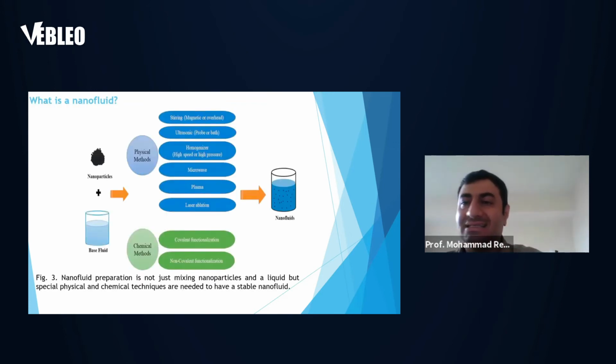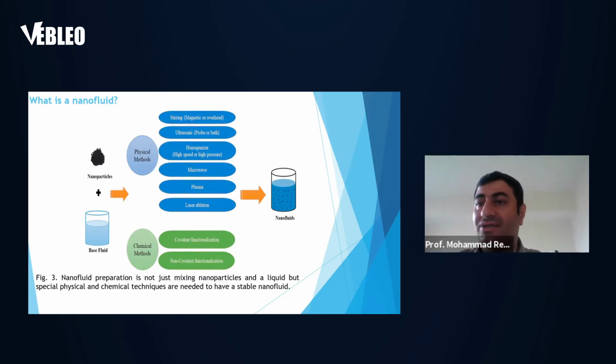And this adding is not just simply adding the particles, no. If you just put the nanoparticles into the base fluid, they will settle down, okay? Or make agglomeration, meaning the particles bind together. And this is not what we are looking for. So by using some physical or chemical methods, we can make a stable homogeneous fluid that we call nanofluid.